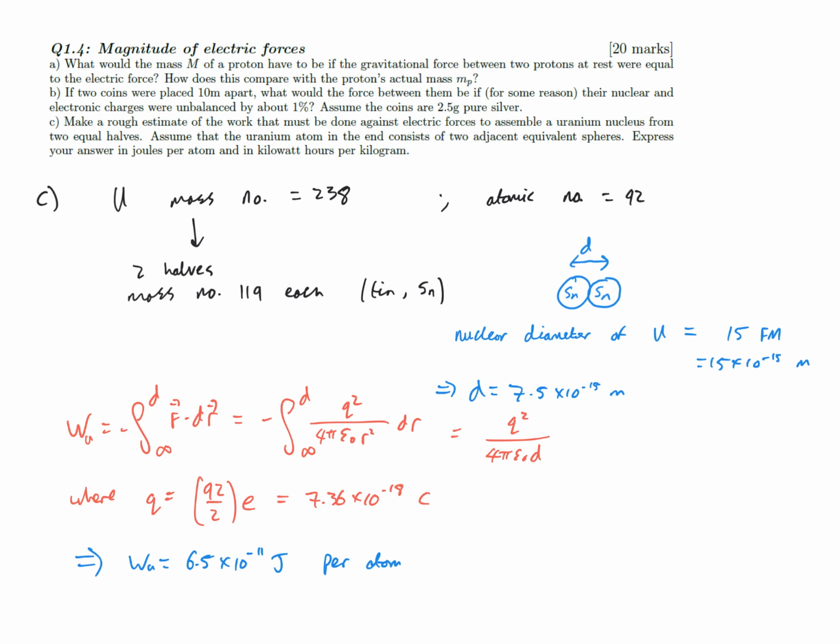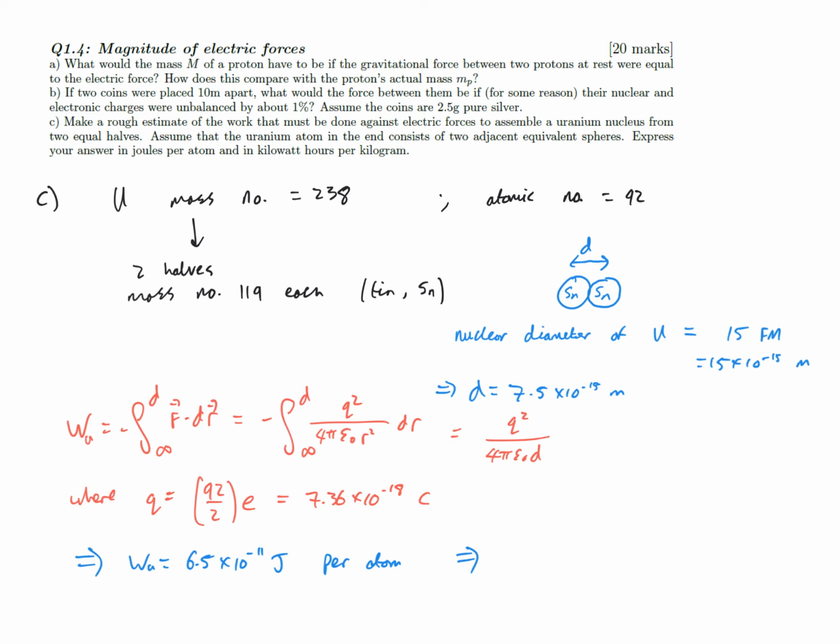This might seem like a small number, the work done is 10 to the minus 11 joules, but this is per atom, and therefore, if we want to know how much work is done per mole, we multiply this by Avogadro's number, which is 10 to the 23 or so, and that will of course correspond to a mole of uranium atoms, which is 238 grams.